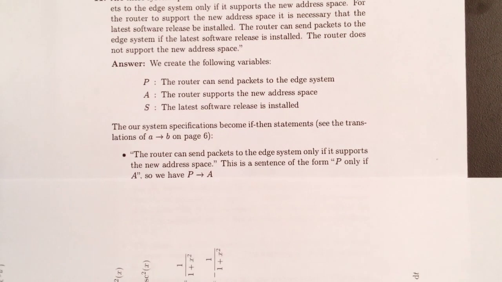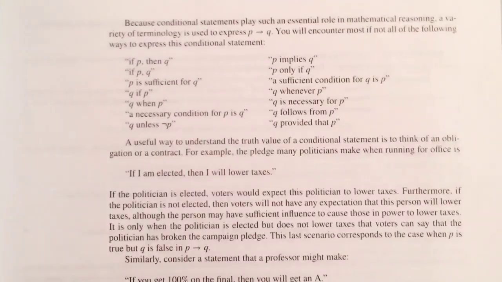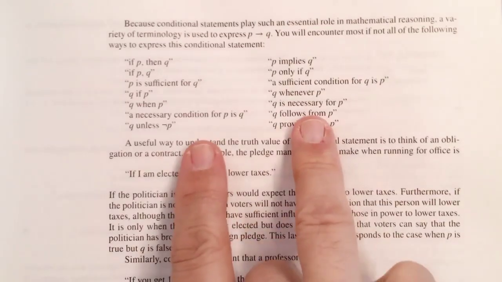The next sentence. For the router to support the new address space, it is necessary that the latest software be installed. All right. It is necessary. I start looking at it is necessary, and I see 2 versions here.